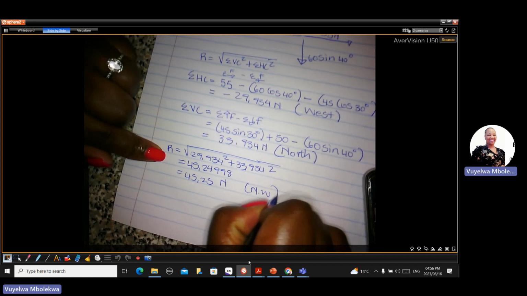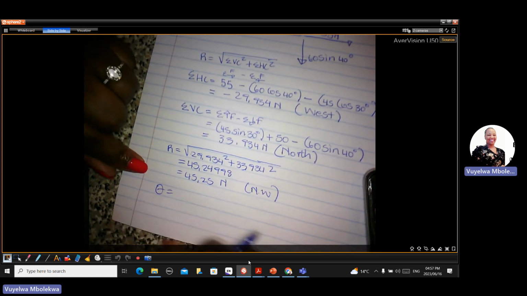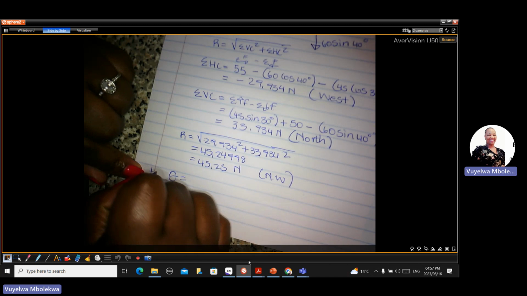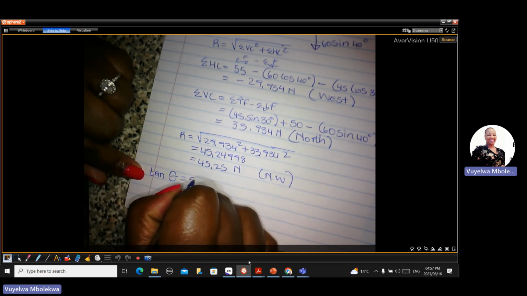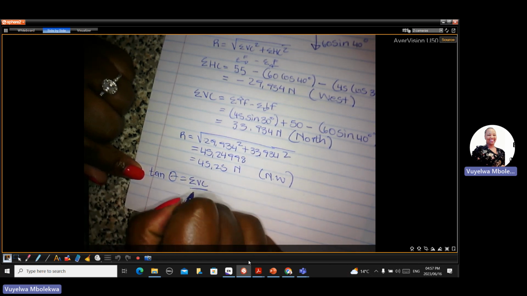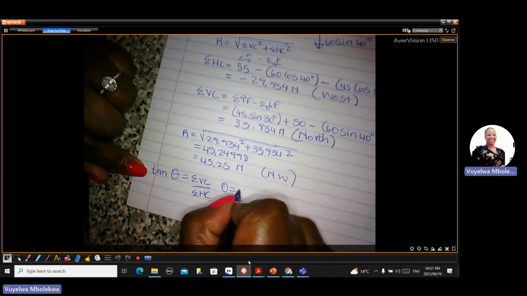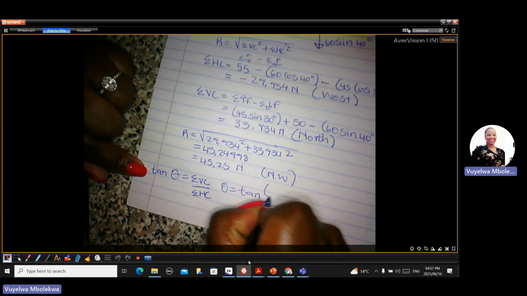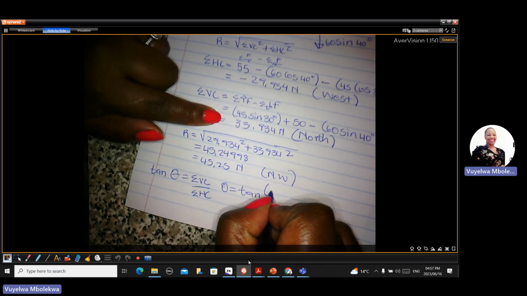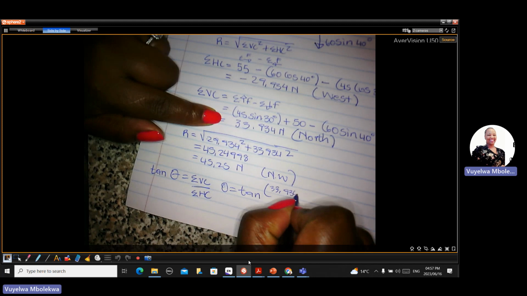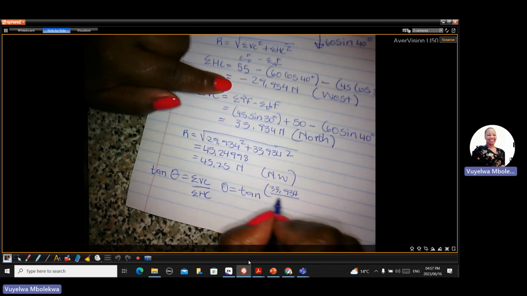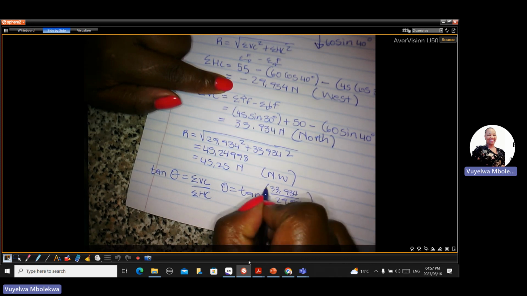You can put that northwest, but then you actually need to calculate the direction. The formula says tan theta is the sum of VC over the sum of HC. So theta equals second function tan of VC. What's your VC? 33.934, divide by, what is your HC? 29.934.